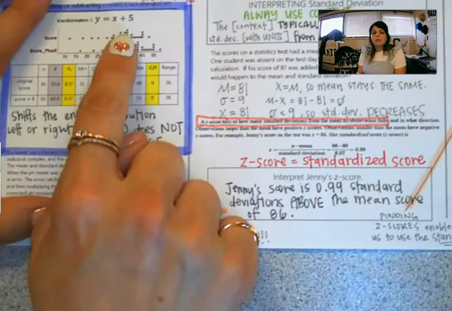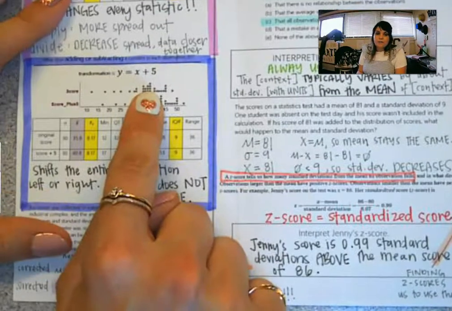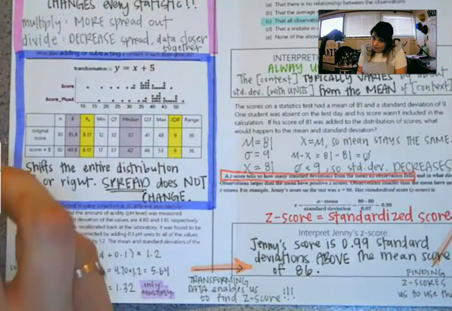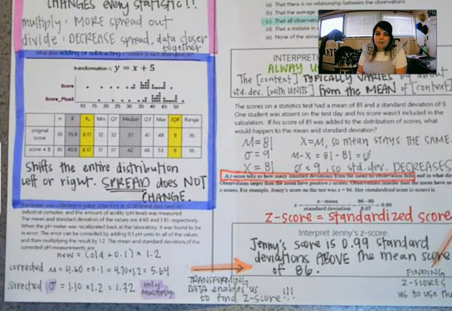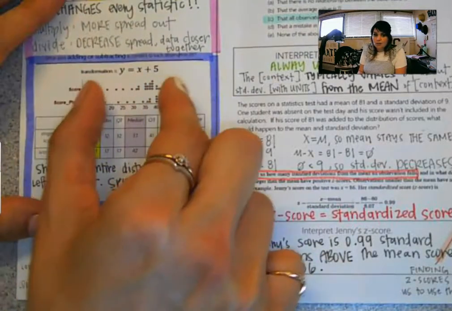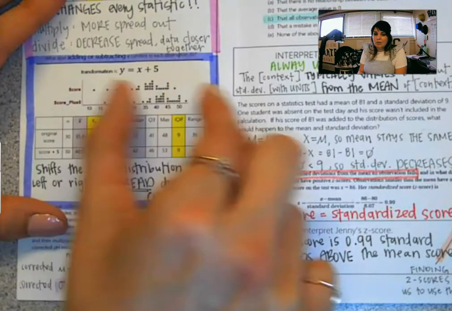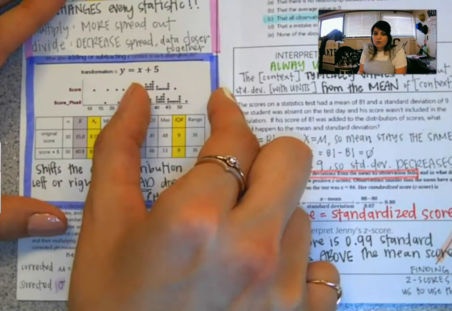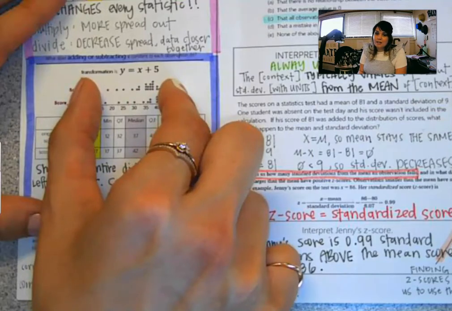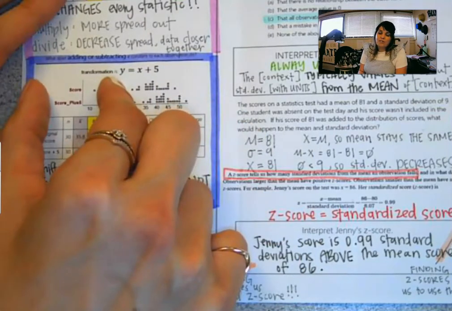Then the second picture is showing you that adding and subtracting does not change spread. It does not affect how spread out your data is, because when you add, it just takes this entire data set and moves it up. And when you subtract, it will take an entire data set and just shift it down.